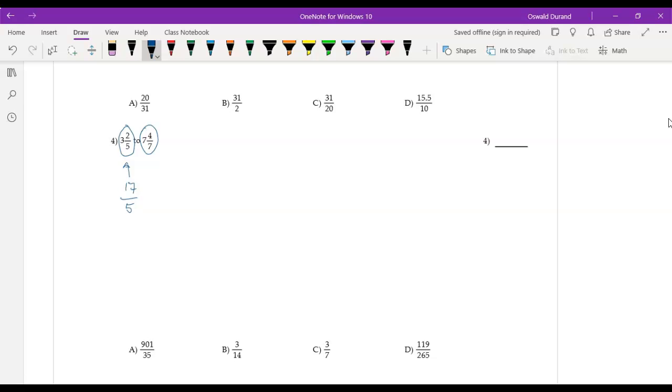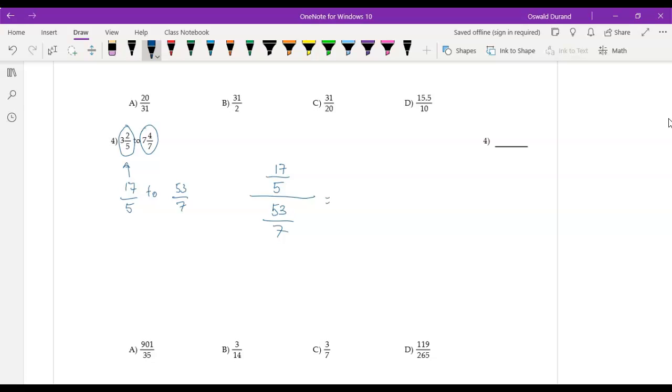We do the same thing with the second one. 7 times 7 is 49. 49 plus 4 is 53 over 7. Okay? So we need to put that as a fraction. Actually, it's going to be a fraction over another fraction. So let's put it that way. 17 over 5 over 53 over 7.